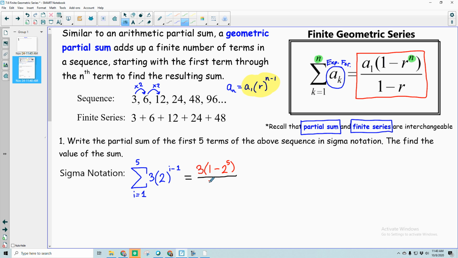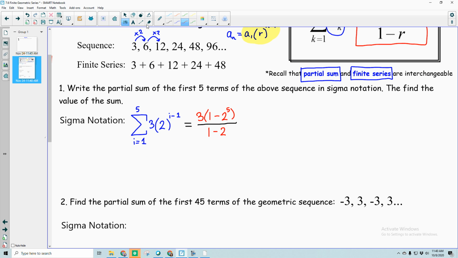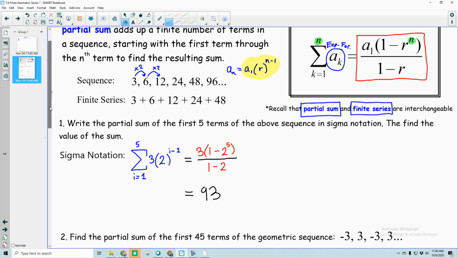And then in the denominator, I have 1 minus 2. So now if you plug this into Desmos or your calculator and figure out what this is, we should get the total sum. So I'm going to do 2 to the power of 5, all of that minus 1, multiplied by 3, and then divided by negative 1. Okay, so I am getting a total sum of 93.